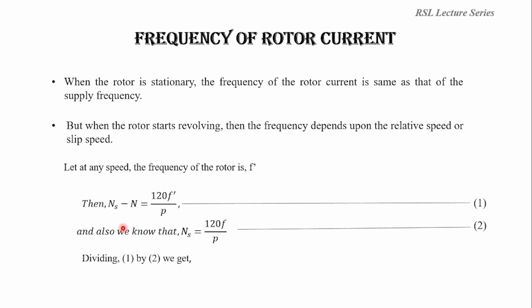Dividing these two equations, we can write (ns − n)/ns = f'/f, since 120/p gets cancelled. We already know that (ns − n)/ns is the slip. So f' can be written as s × f, where f' is the frequency of the rotor current. So the frequency of the rotor current is equal to the slip times the frequency of the supply.